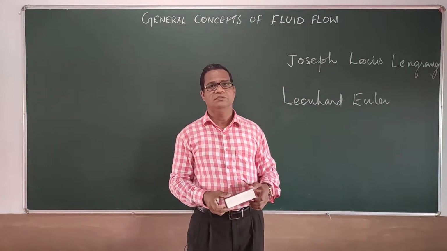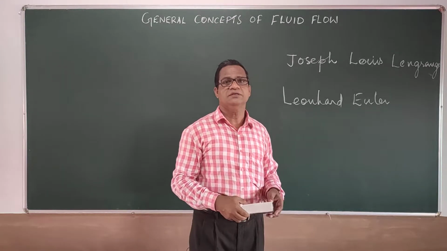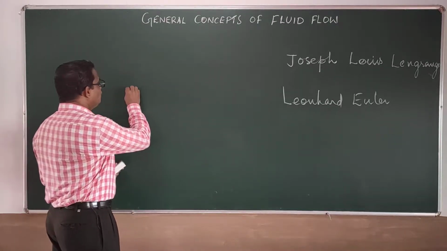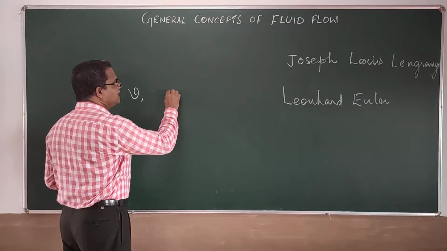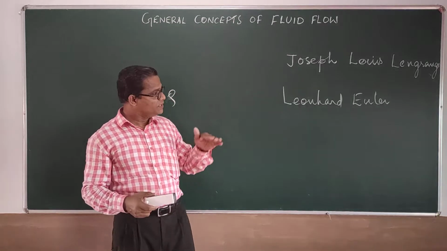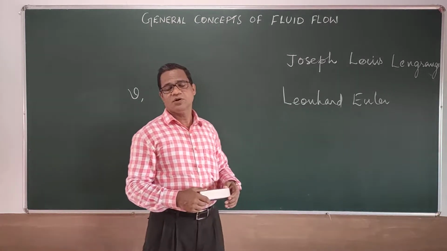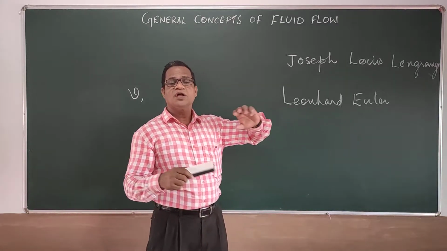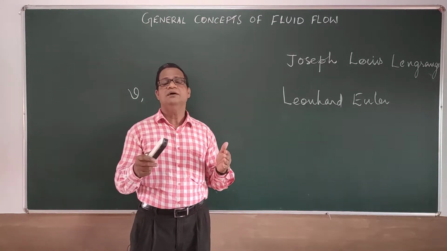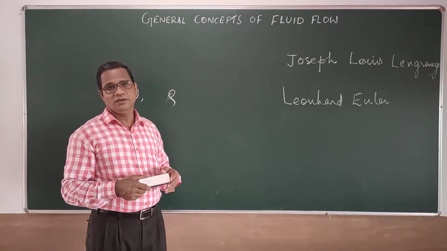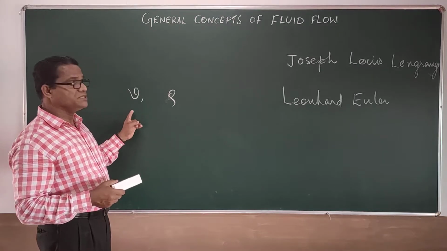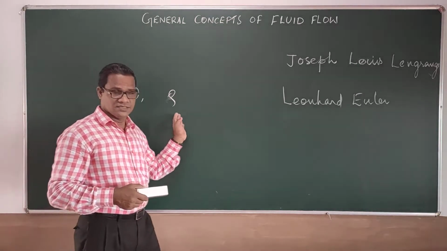came forward with another way of treating the flow of liquids, that is, by considering the velocity and density of the fluid in general. So in Euler mechanics, we are not considering the particles; we are considering the motion of the fluid in general at a particular cross section or a particular instant, what its velocity and what its density is.